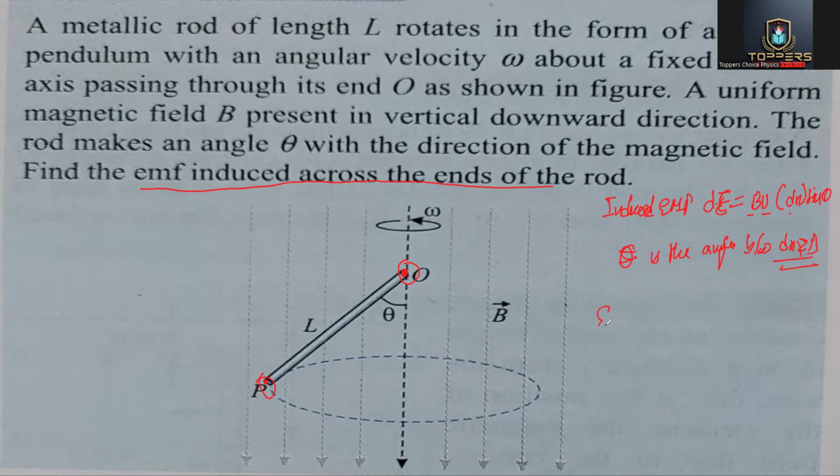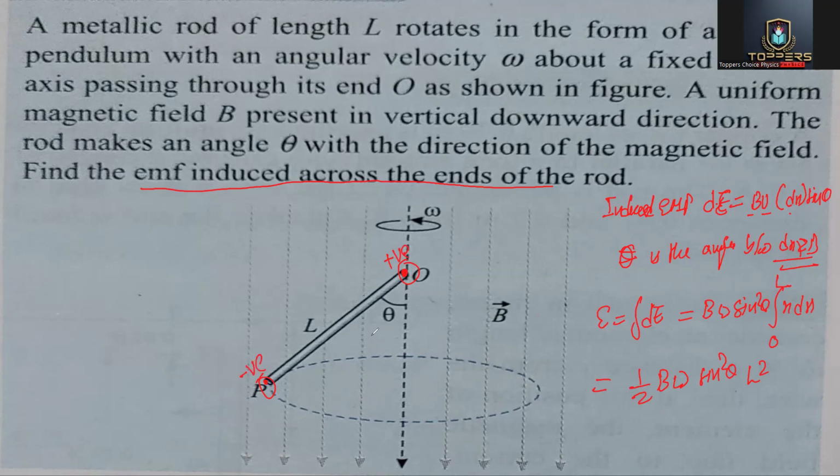Yeah. So E is equal to the integral of dE. That is, you can take B omega sine square theta, and that is x dx, from 0 to the total length of the rod, capital L. So that will be half B omega sine square theta L square. This terminal will be at positive point and this terminal will be at negative point.